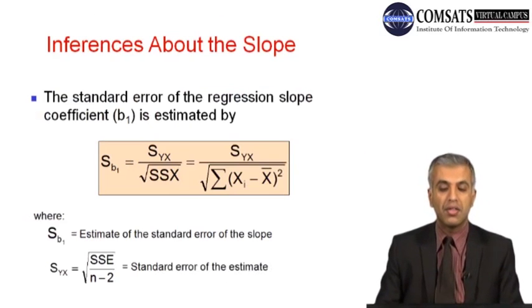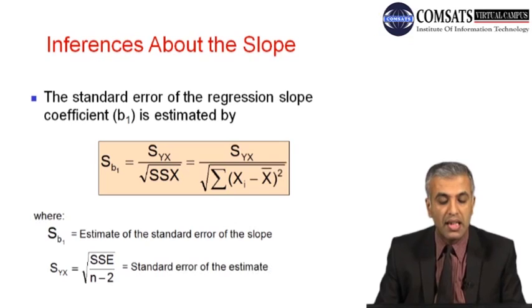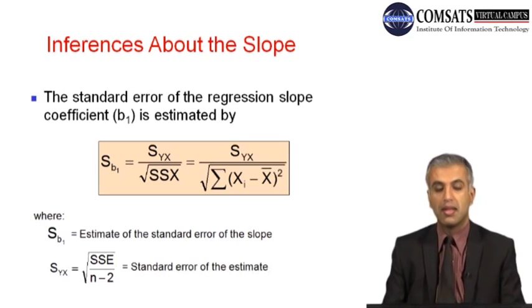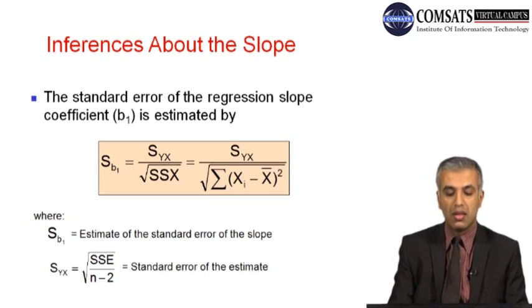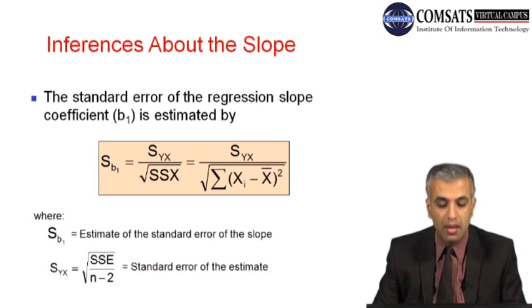In inferences about the slope, we had a brief discussion that this is the standard error of the regression slope, which is calculated by a certain formula. This standard error includes the SSE, or in other words the standard error of the estimate.